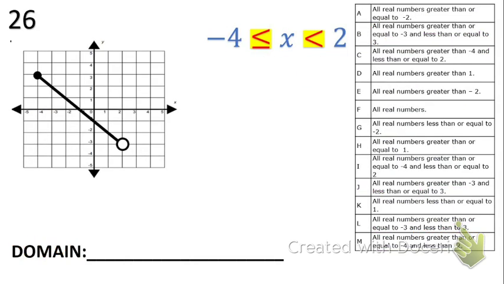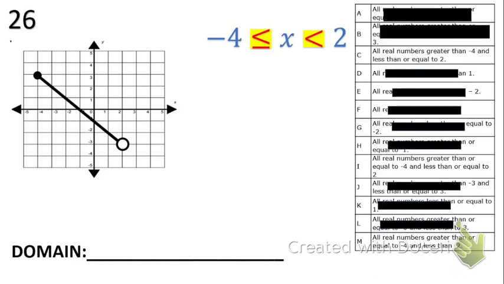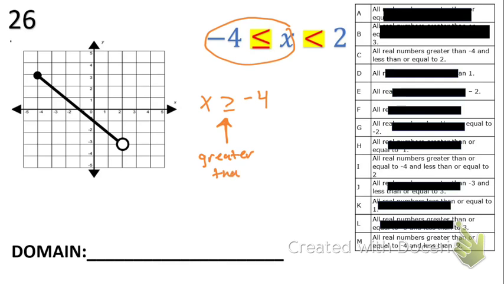All right, let's go on to number 26. Again, your answer needs to have these numbers, -4 and 2. So we'll eliminate all the answer choices that don't have that. Again, focus on that. That is backwards. This symbol is greater than or equal to. So your first answer should have greater than or equal to.